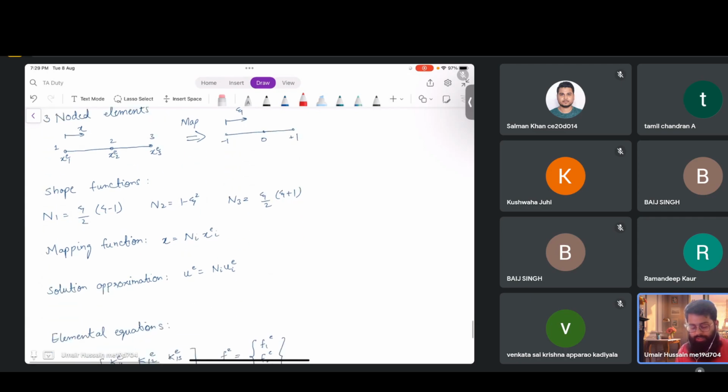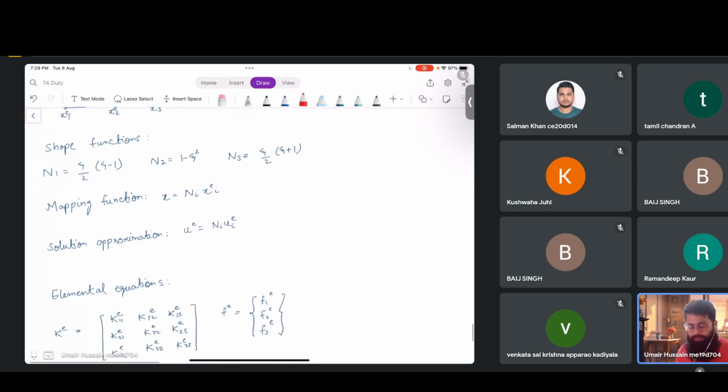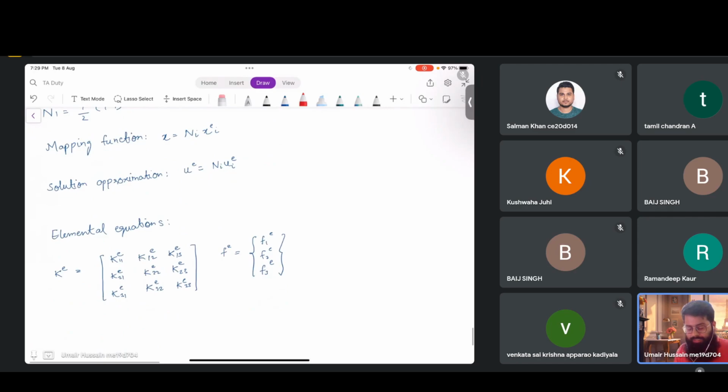Again, the procedure is the same. The mapping function now has three terms, since we have three shape functions, and the same for the solution approximation. Finally, for each element, we'll have a 3 by 3 matrix this time, because i and j would vary from 1 to 3.